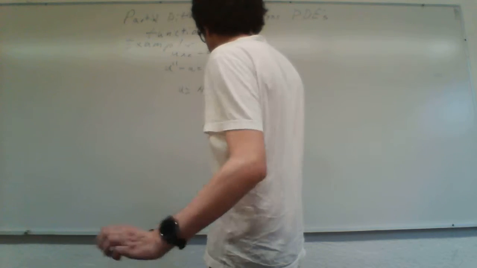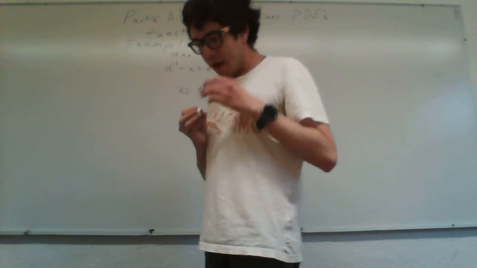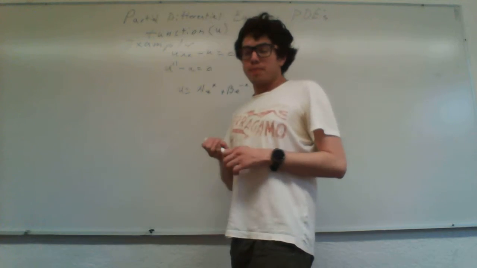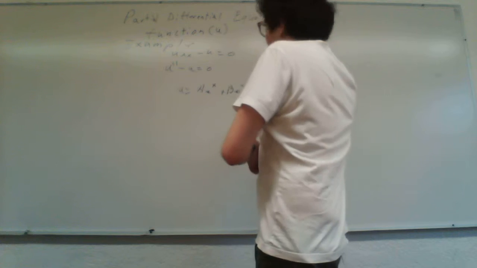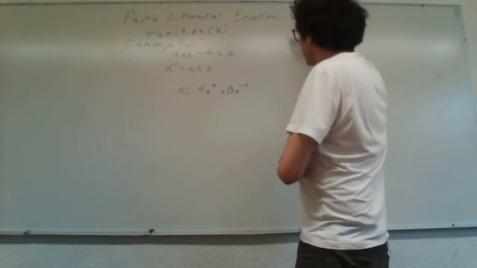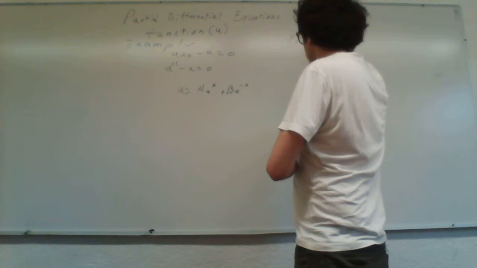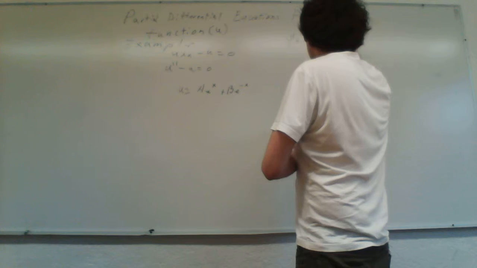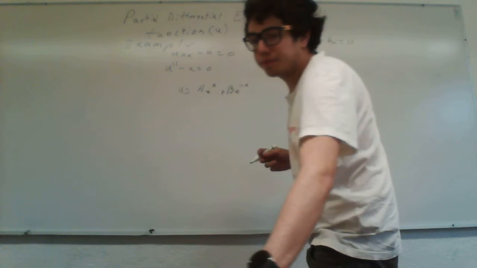So we have this formula, y double prime plus a y prime plus b y equals 0.